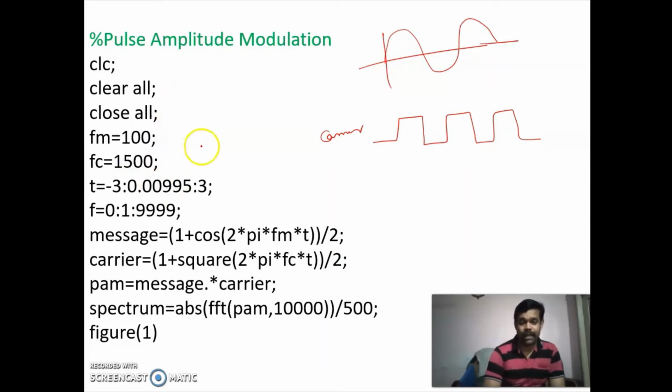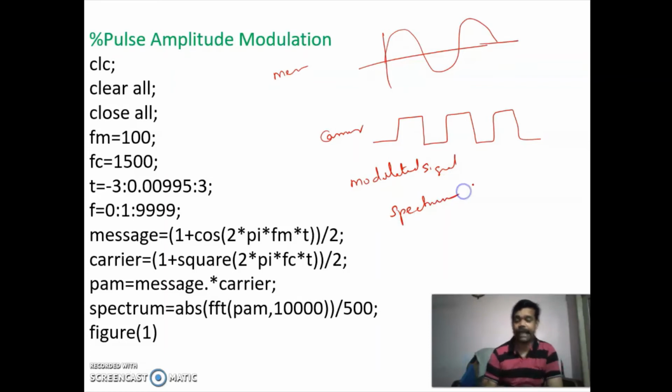We are going to plot 4 graphs: the message signal, carrier signal, modulated signal, and spectrum. First 2 diagrams are drawn in figure 1 and the second 2 in figure 2.